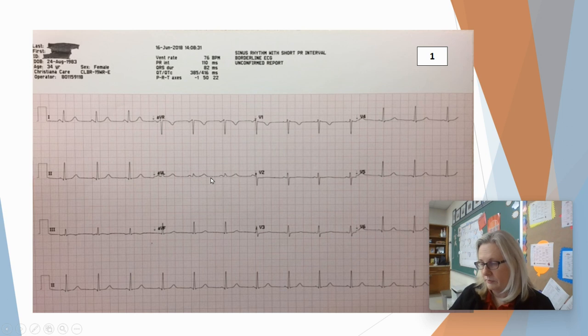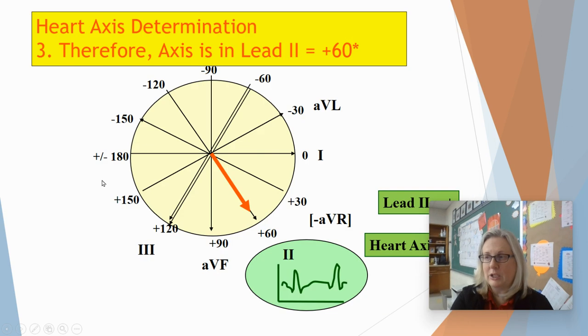Does that make sense? I'll say it one more time. I'll go back and show you the wheel. We determined first that of these 6 leads, lead 2 was the tallest QRS, the biggest one. So its opposite, by what we see on the wheel, if I go 60 and go 90 degrees away, gives me AVL.